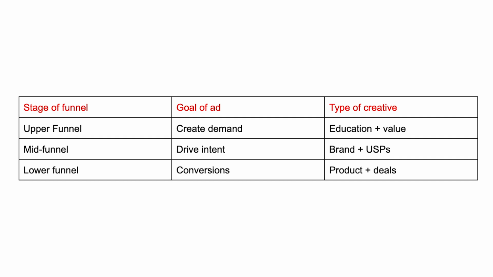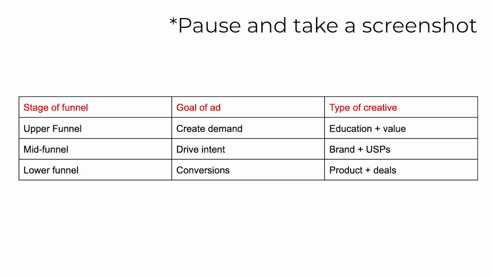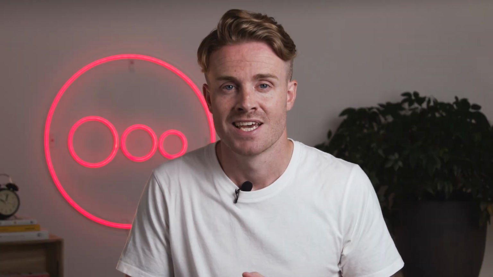As you can see in the framework, each stage has a corresponding goal and type of creative you should use as a result. You can use this framework to help you get started with TikTok ads and then iterate from there. Look to learn from the activity you're running. Who knows, maybe you'll even come up with a better framework on your own, and I don't know, one that's better than mine at least.